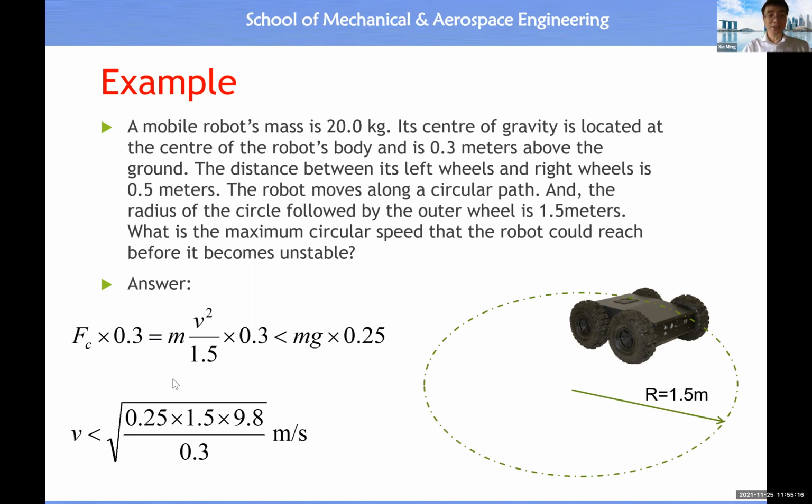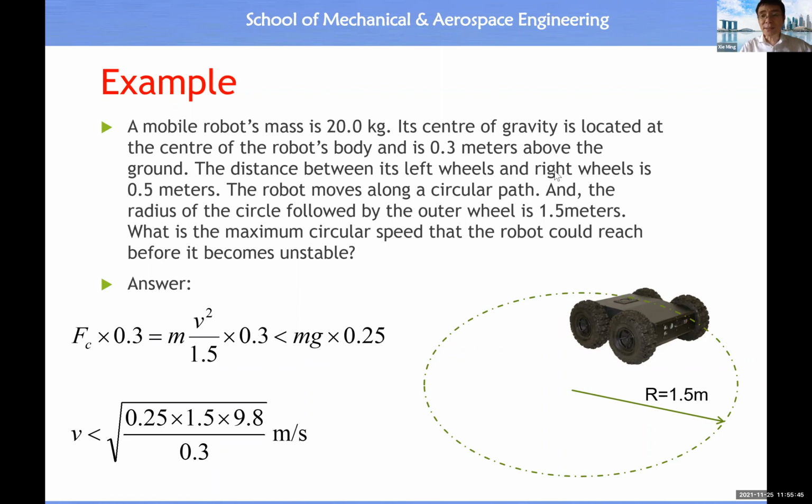So the condition, in order to maintain stability, there's a boundary condition. That means centrifugal force times moment arm, this torque should be smaller than the torque due to gravitational force, so mg times the moment arm. This is the distance between mg and the right edge of the right wheel.